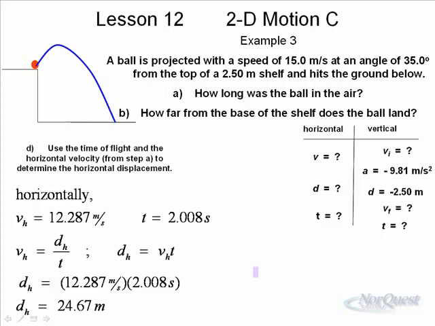look at it horizontally. We remember that the initial horizontal velocity was 12.287 meters per second. Since there is no acceleration of gravity acting horizontally but only vertically, the horizontal velocity won't change unless there was something like air friction or so on. But ignoring air friction, we know that the constant velocity horizontally is 12.287.